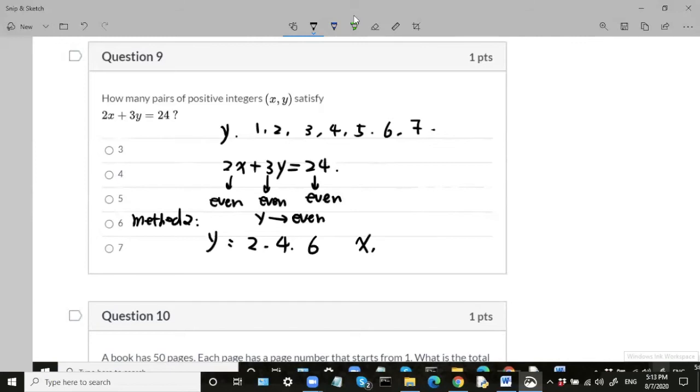When y equals 2, 3 times 2 is 6, 18, x is 9. When y equals 4, 12, x is 6. When y is 6, 18, x is 3. So we have these 3 pairs. Okay, so the answer is also 3. It's 3 pairs.